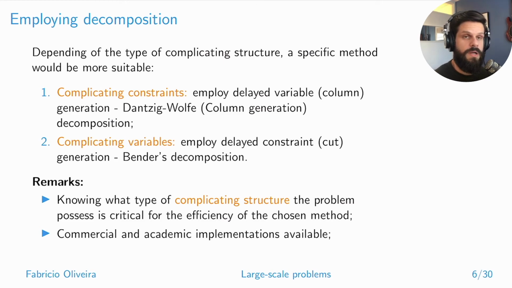That's part of the art of using these methods to solve challenging problems: identifying whether you have complicating variables or complicating constraints. More likely is that you have both. And how do you decide whether to use column generation on your complicating constraints or Benders decomposition on your complicating variables? That requires experimentation, experience, and is problem dependent, unfortunately.